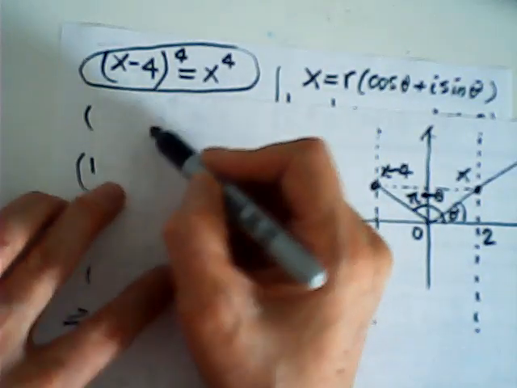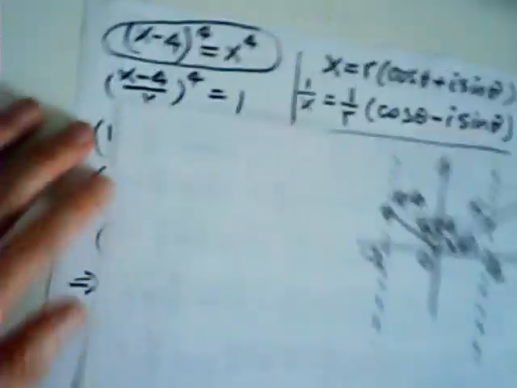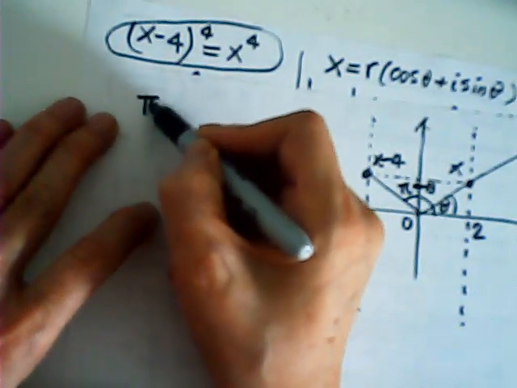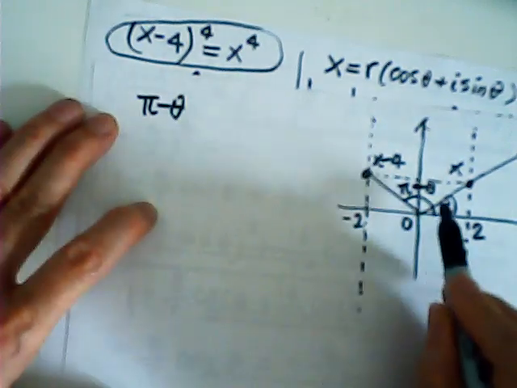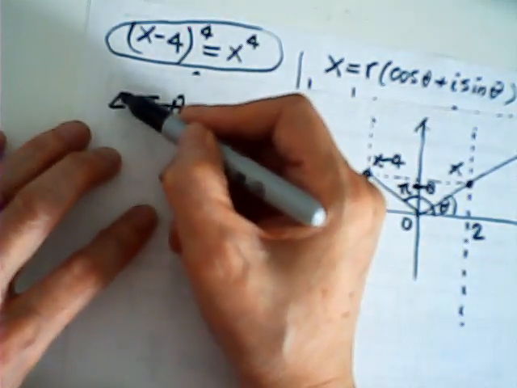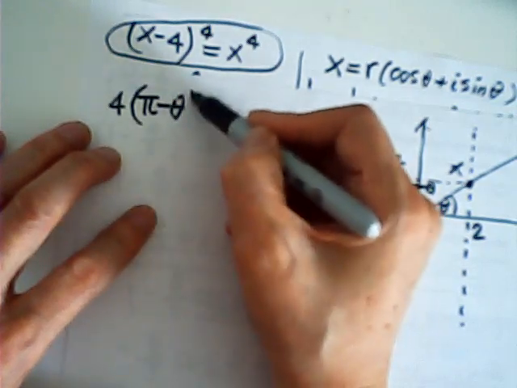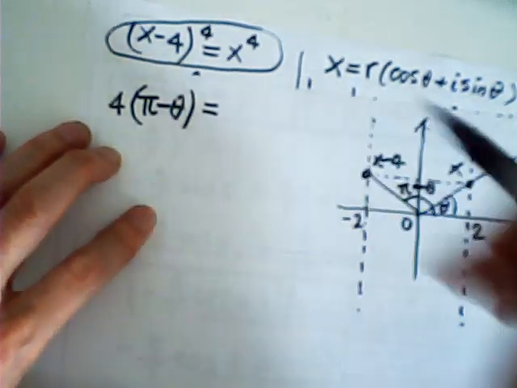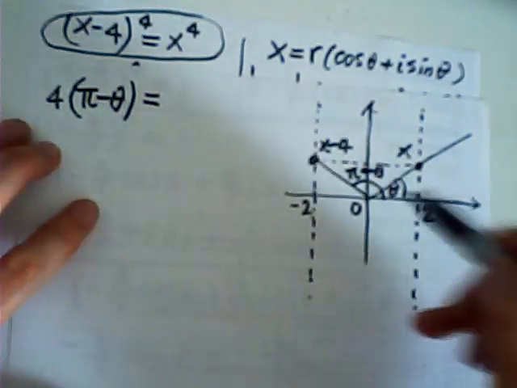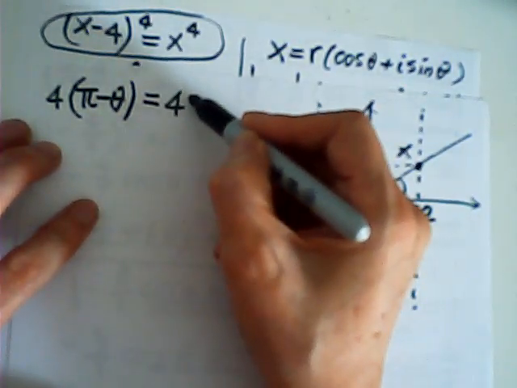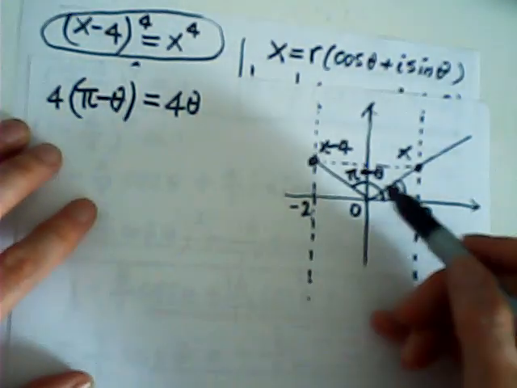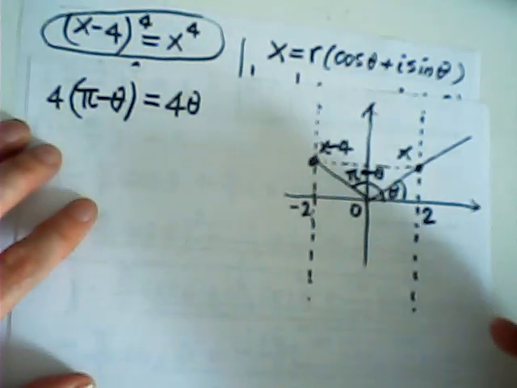They are equal after 4 times. That means the argument of this complex number, 4 times, will be equal to the argument of x, which is theta, 4 times. Here, the angle could be a multiple of 2 pi, right?